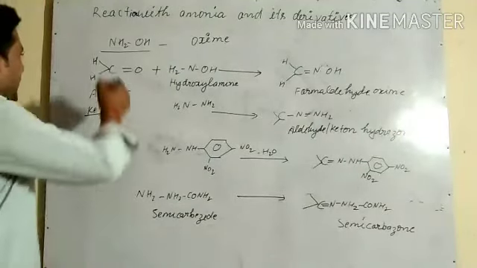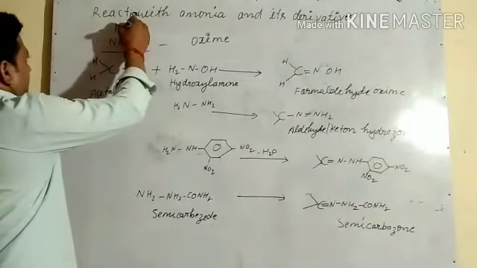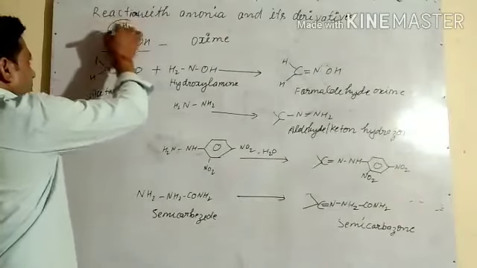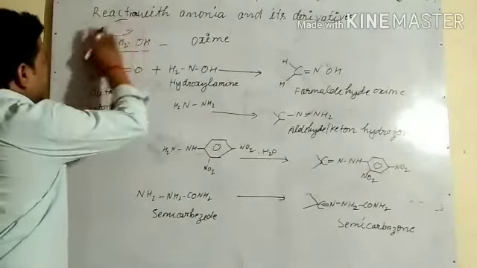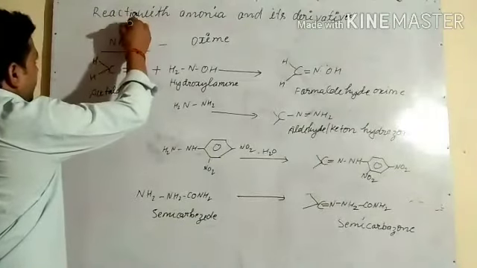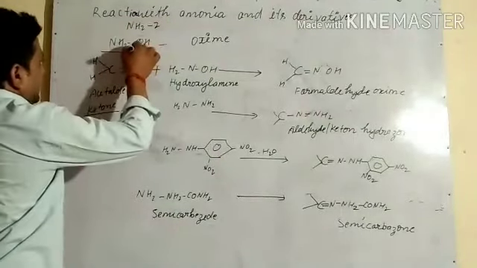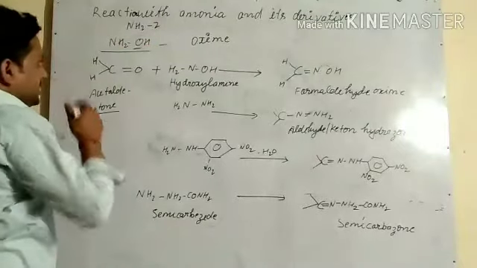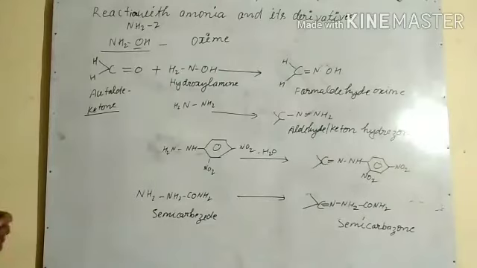Okay. NH3 is ammonia, and when one hydrogen of NH3 is replaced by a different group, that may be OH, NH2OH, like this. Okay. So we will get different products, and different names are given like this.